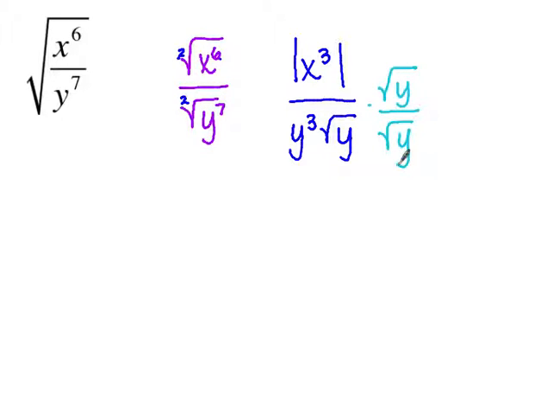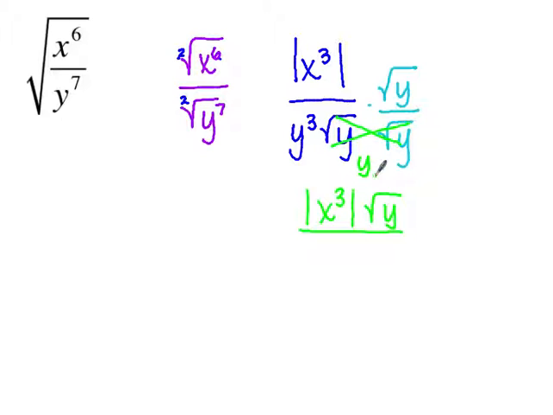Now on the top, I'm going to be left with the absolute value of x cubed times root y. On the bottom, what do you know root y times root y is? What's this going to be? 1y.